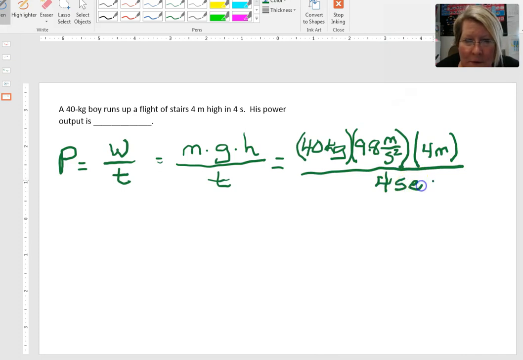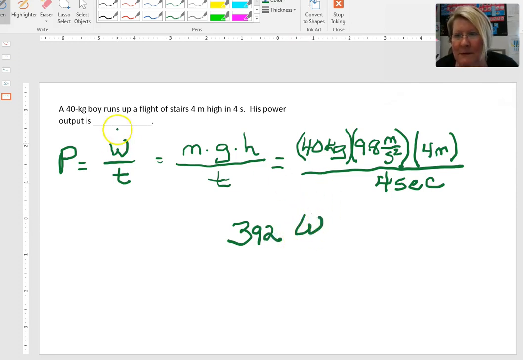So this is a fairly straightforward power example, and when we multiply those numbers and divide by 4 seconds, we come up with 392 watts. So 392 watts is our answer.